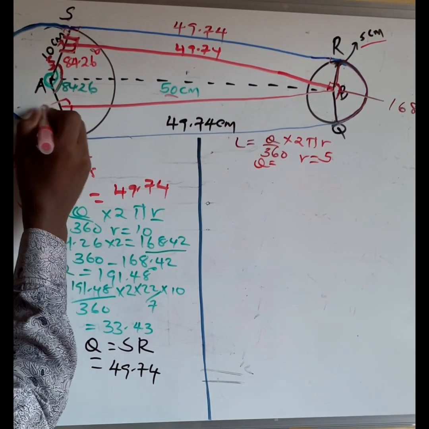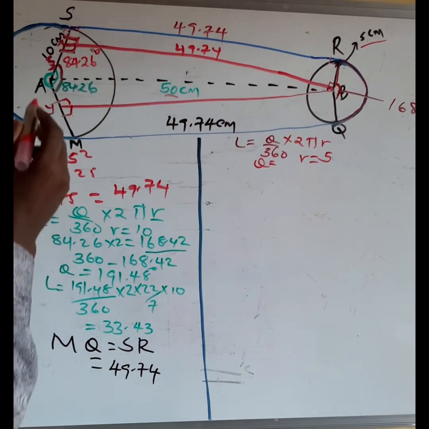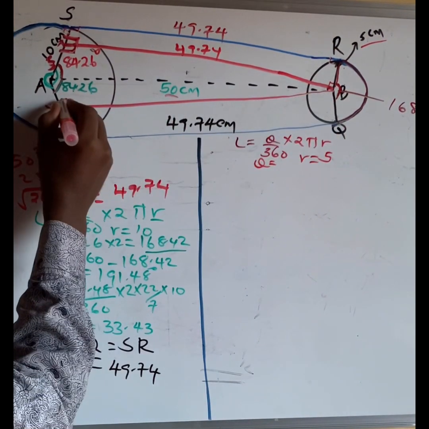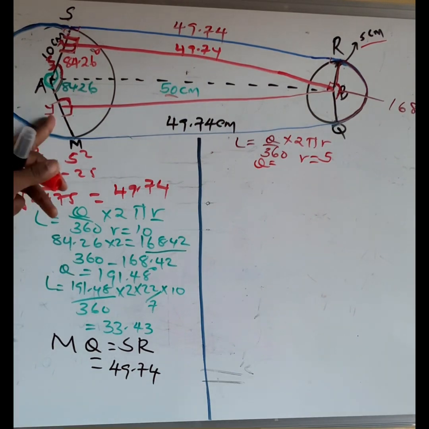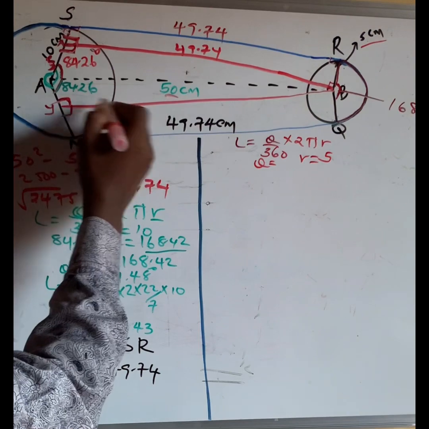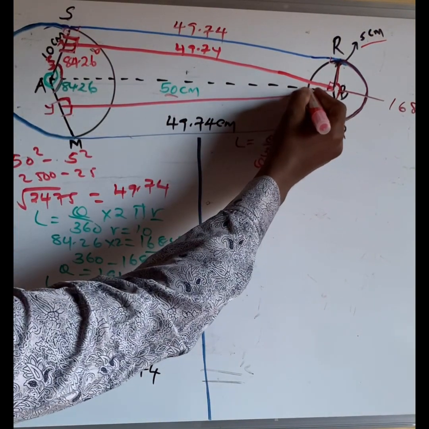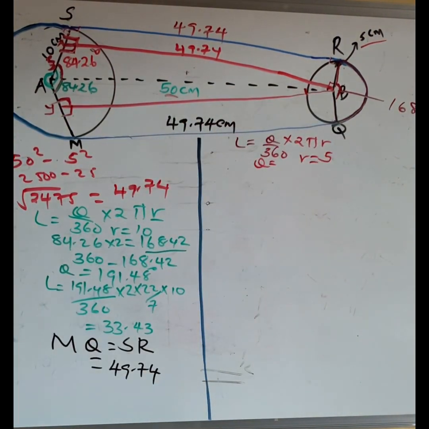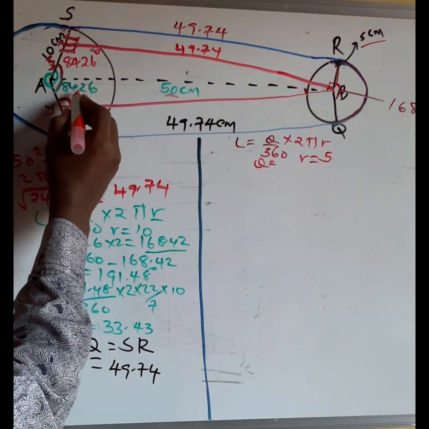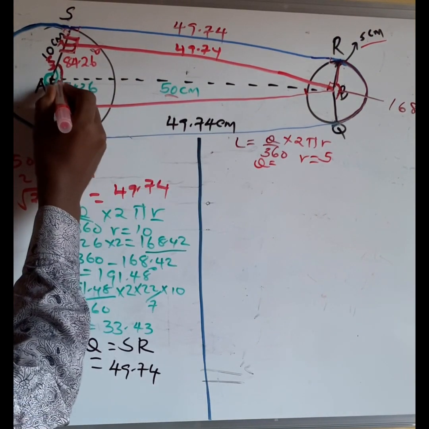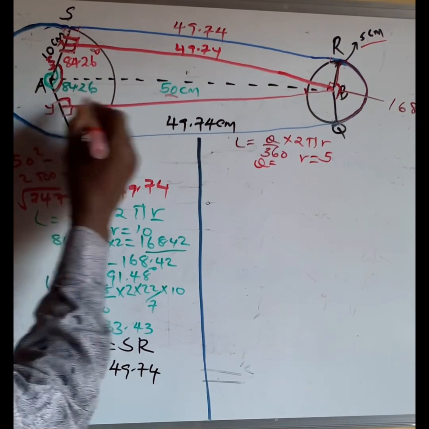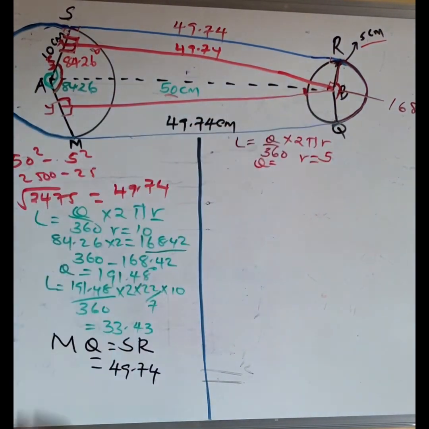Let's call this one Y. Look at triangle AYB, right angle at Y. We could get this small angle, because we know that 84 plus 90 plus this angle, let's call it angle X, is 180. That is the property of triangles. Angles in a triangle add up to 180 degrees.